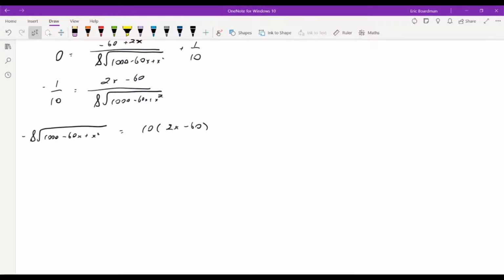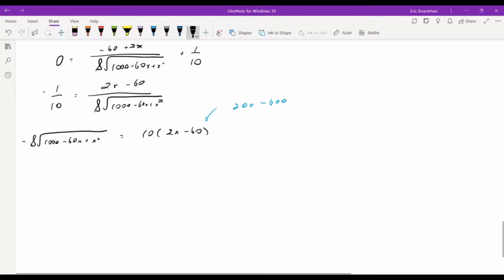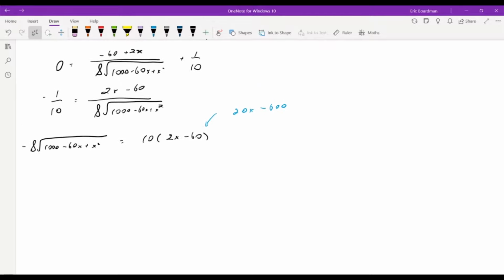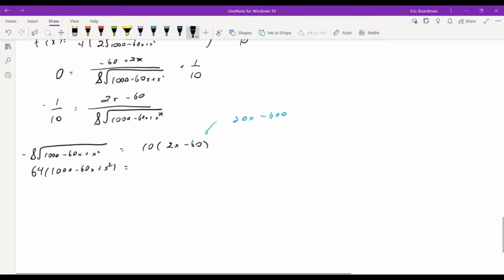Now this, I'll just write this on the side. That's just 20x minus 600. And then I'll square both sides now. So 8 squared, or negative 8 squared, is just 64. And then this whole thing is just the inside part, since we're squaring a square root. That's equal to 20x minus 600 squared.